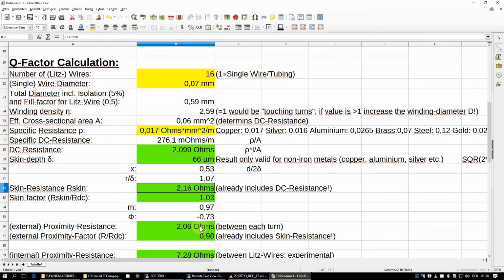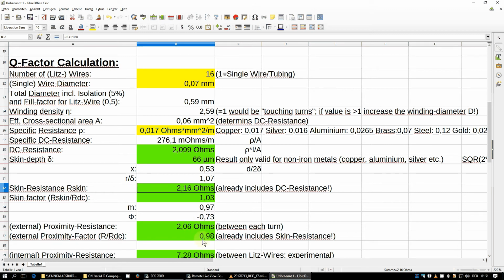But now here comes the part where the values that we did input give us wrong results. The external proximity effect between the turns here is even smaller, and this is of course wrong. It must be greater than the resistance due only to the skin effect.